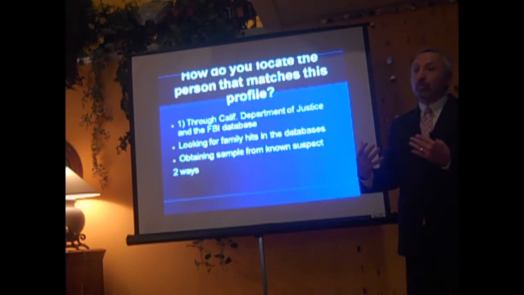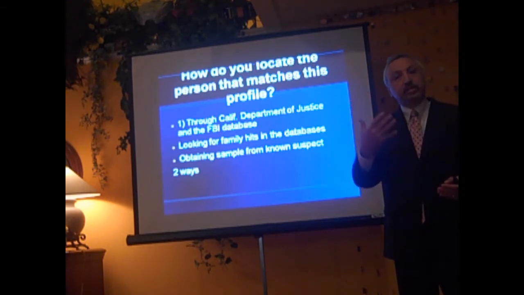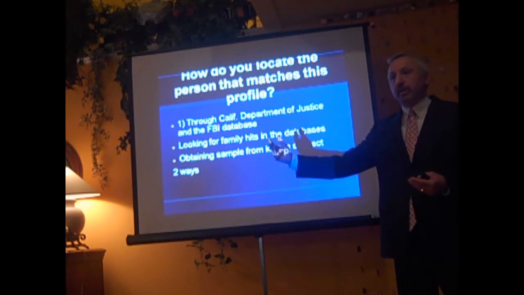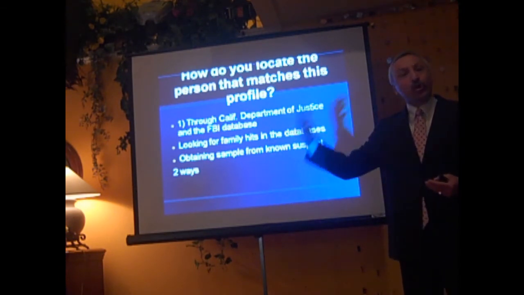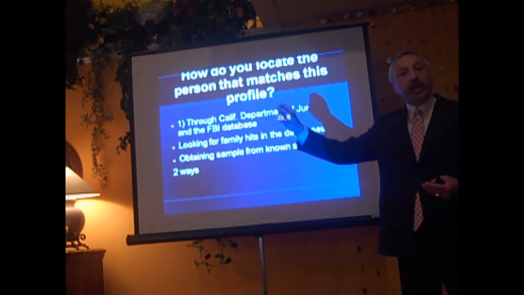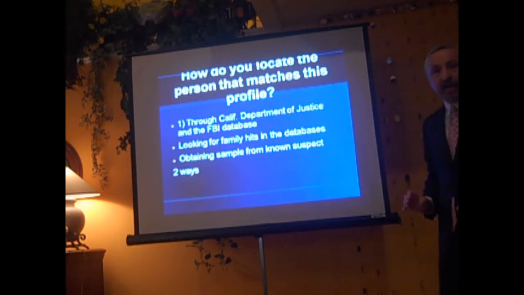The detectives will get a search warrant for that suspect's body. A detective will go to that suspect and say, we have a search warrant for your body, you are ordered to give us a saliva sample, and then they will type that saliva sample and see if there's a match.